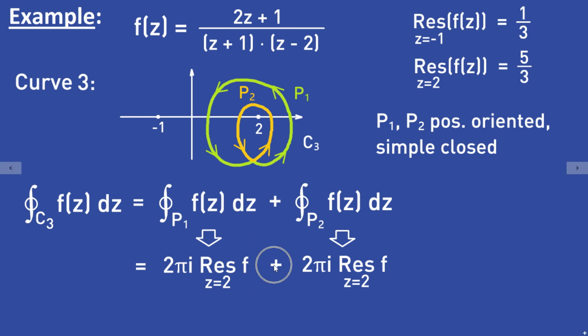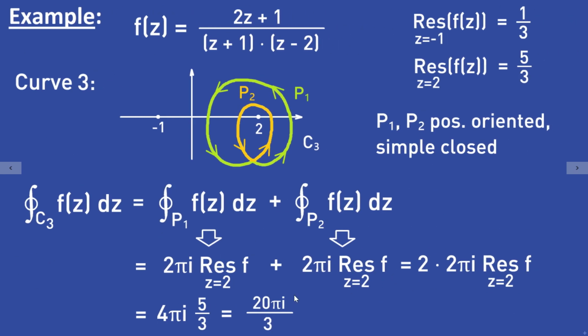Now this here is equal to 2 times 2 pi I times the residue of f at z is equal to 2, and this is equal to 4 pi I times 5/3. And this is equal to 20 pi I/3. So the integral along the curve C3 is equal to 20 pi I/3.